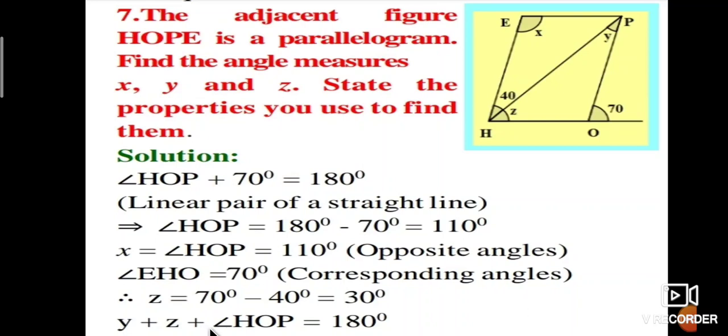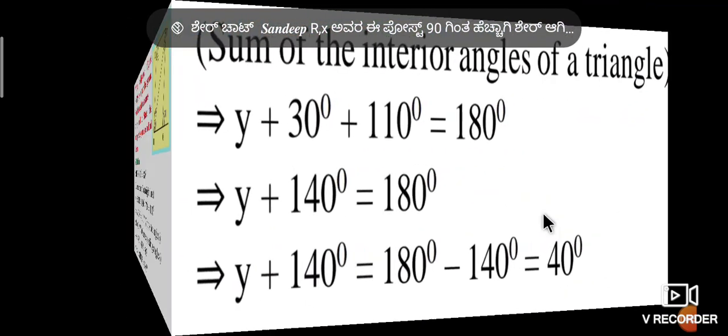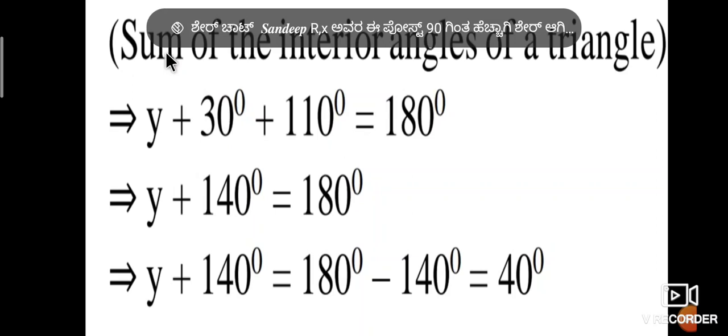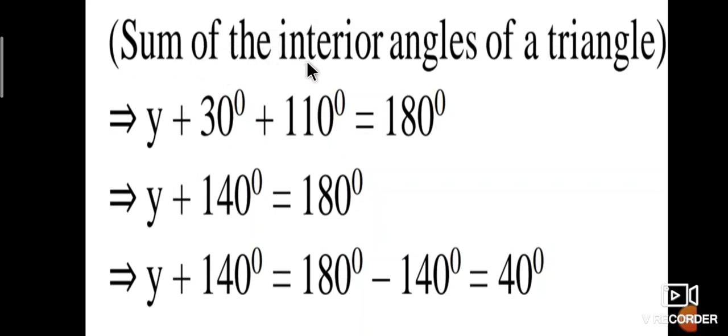Therefore, y plus z plus angle HOP is equal to 180 degrees, because the sum of the three interior angles of a triangle is 180 degrees.